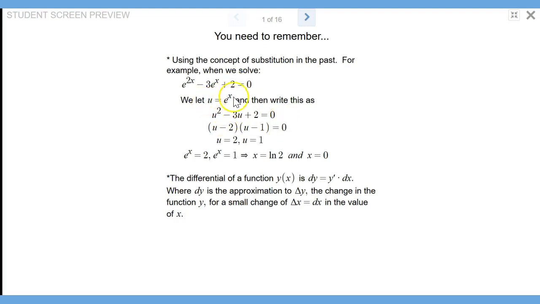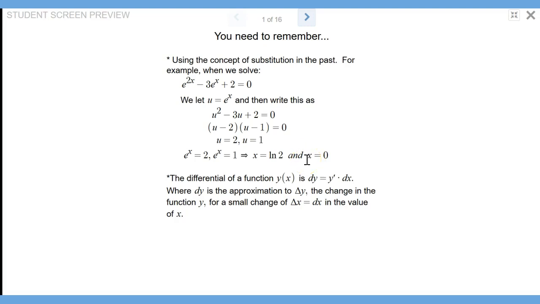You could say let u equal e to the x. Then you can rewrite this in terms of u. It's a quadratic in terms of u, and you can solve it because you know how to solve a quadratic equation. Then you make your substitutions back, so you replace u with e to the x in your solutions, and then you solve for x. So that's the type of thing we're going to be doing here.